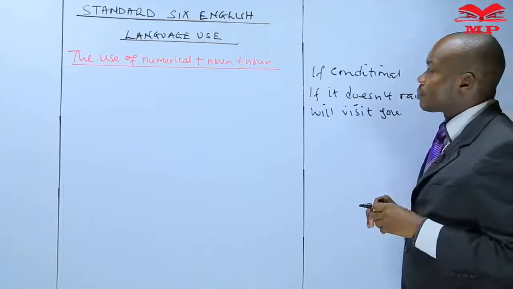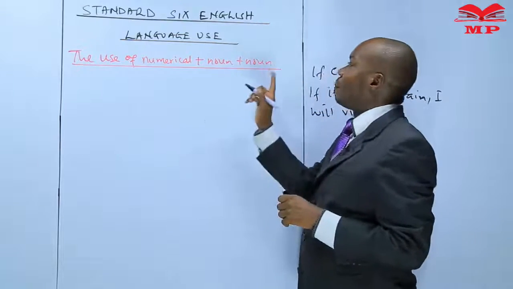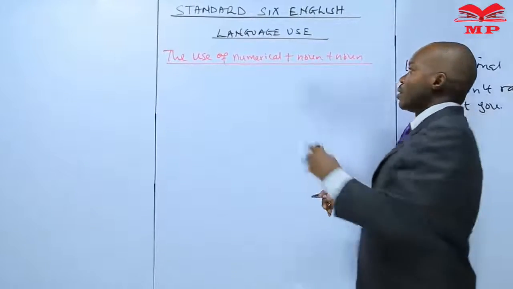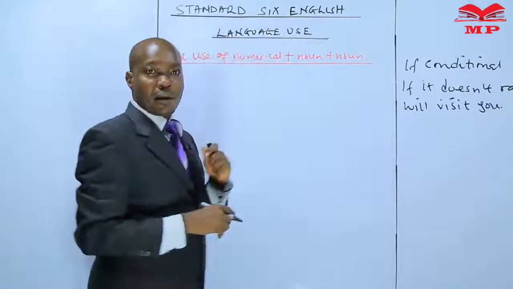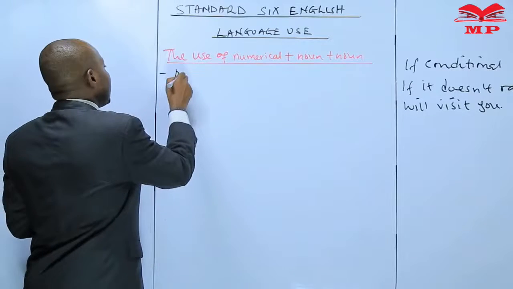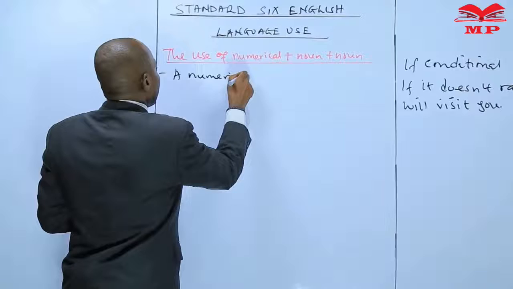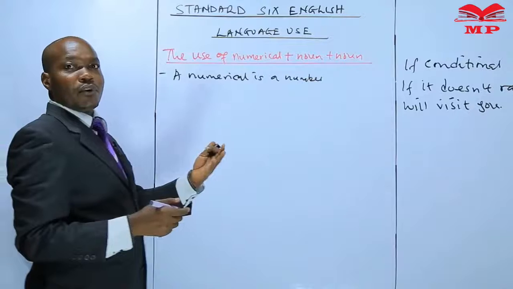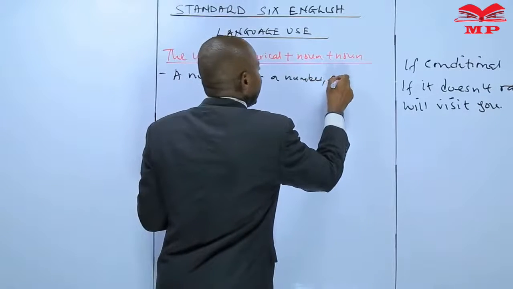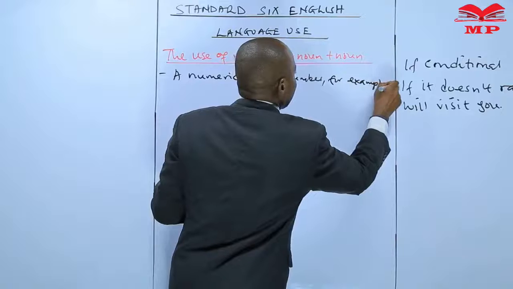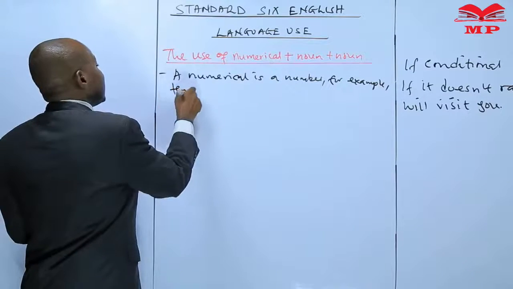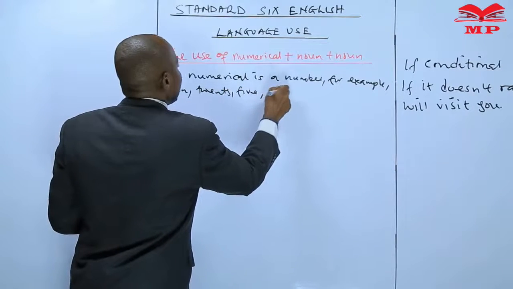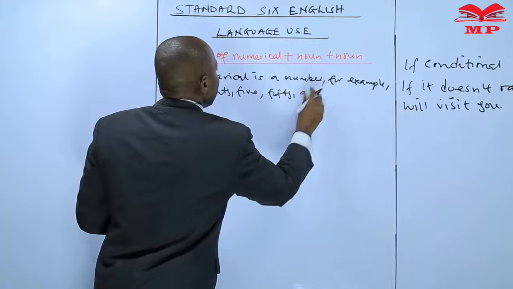In today's lesson, we want to learn something about combining two nouns with a number, what we call a numerical. Numerical is just a number. For example, 20, 10, 5, 50, 100.